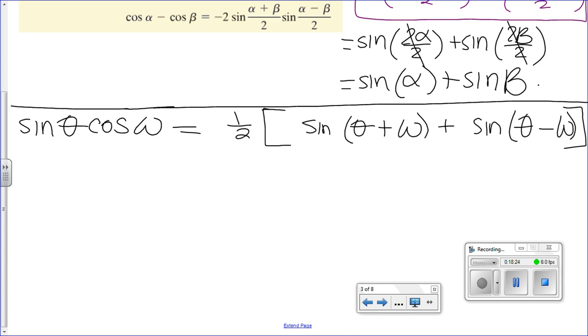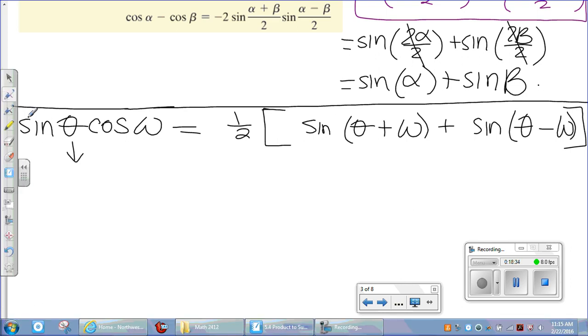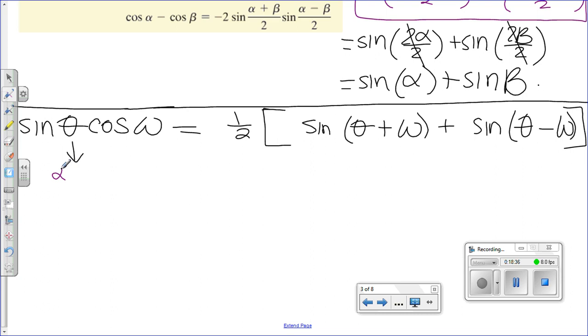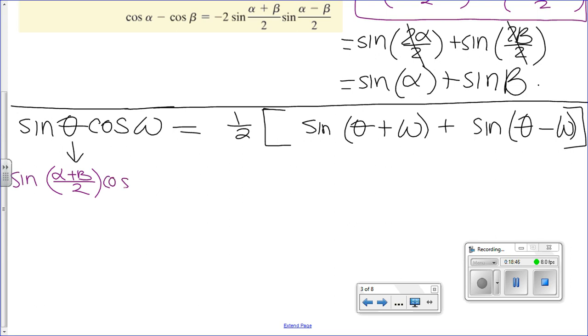So what I should have done from the beginning with the proof is that my angle, what I'm referring to here as theta, is actually going to be the alpha plus beta over 2, right here. And what I'm referring to as cosine of omega is going to be the cosine of alpha minus beta over 2.